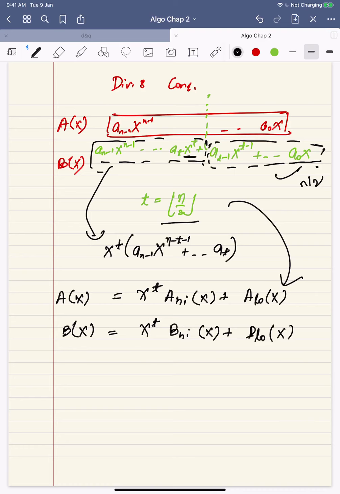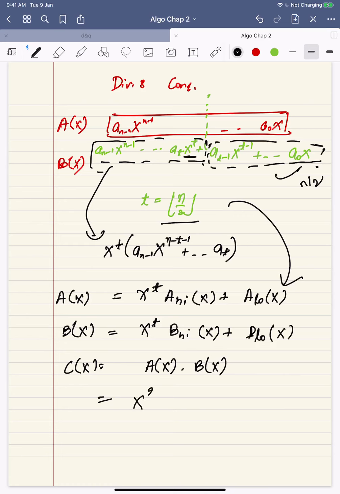Sure. So now how can I write c(x) in terms of a(x) and b(x)? So c(x) is a(x) times b(x). That will be, okay, let's multiply this.